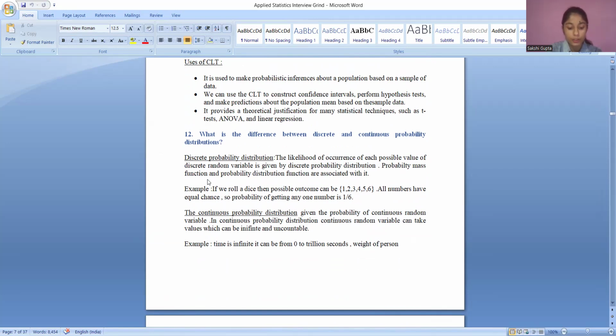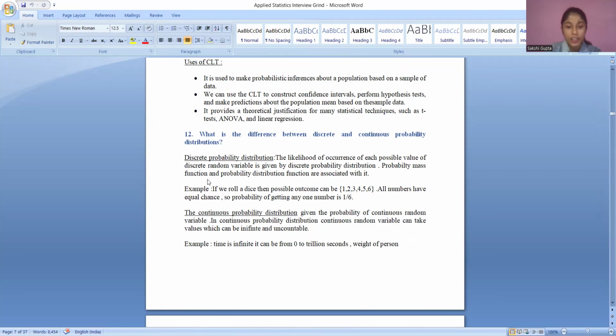Discrete probability distribution. A discrete random variable can take only specific or countable values. The likelihood of occurrence of each possible value of a discrete random variable is given by the discrete probability distribution.